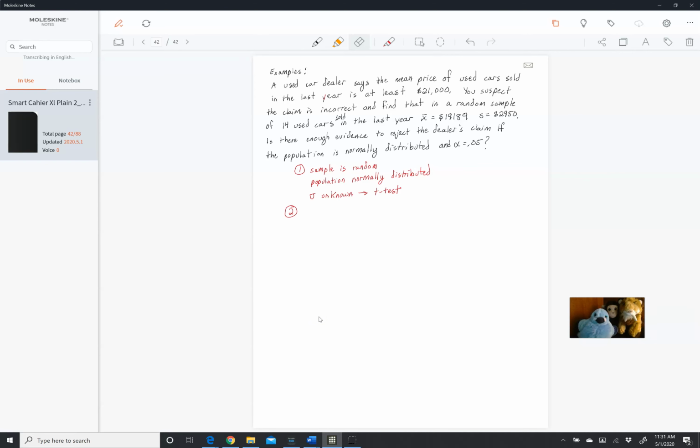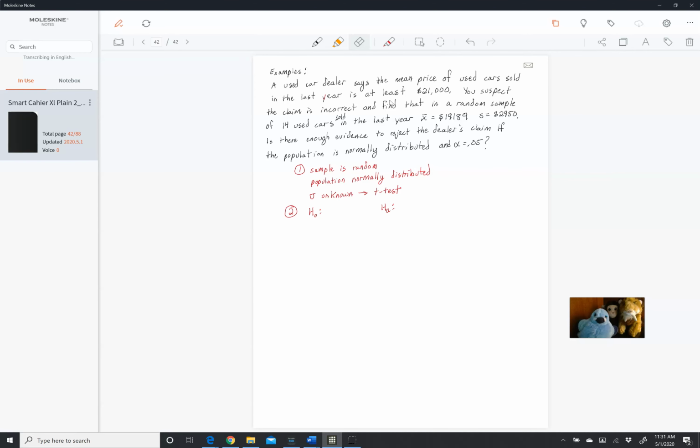We have to state the null hypothesis and the alternative hypothesis. So remember I told you, the way I usually do this is I look at the claim, and that helps me figure out which to do first. So the claim here is that the mean price is at least $21,000, okay? At least $21,000.